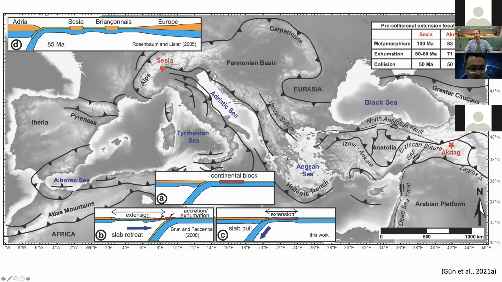And the second concrete example of evidence is coming from Eastern Anatolia, this Akdağ region. It's the same history. Metamorphism starts 83 million years ago, and exhumation of these rocks of the Akdağ from lower crustal levels to surface or subsurface levels happens 81 million years ago.